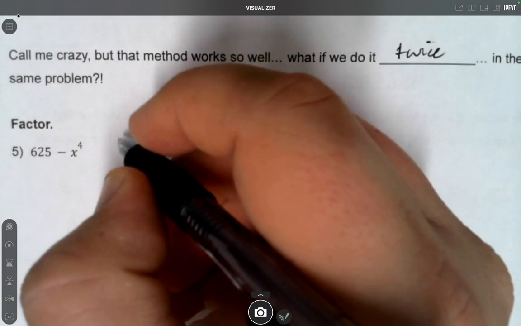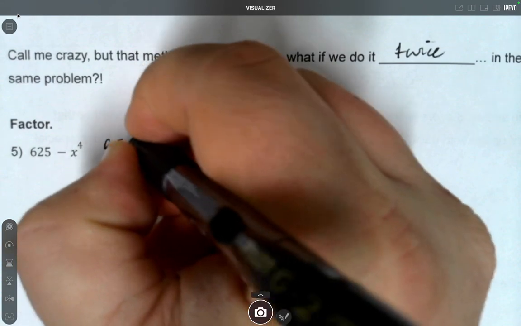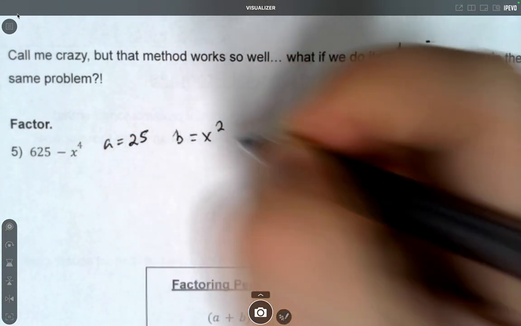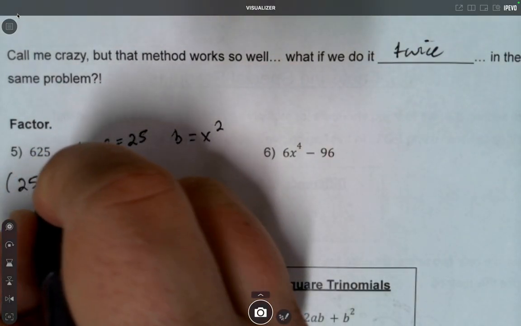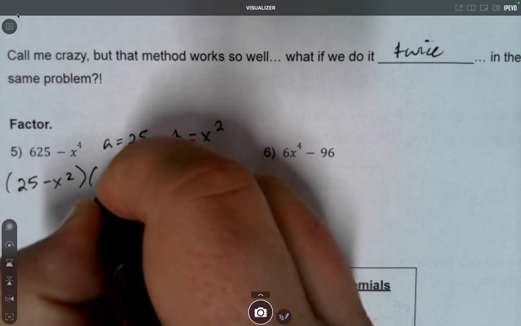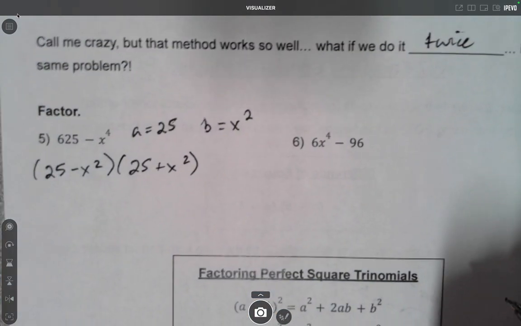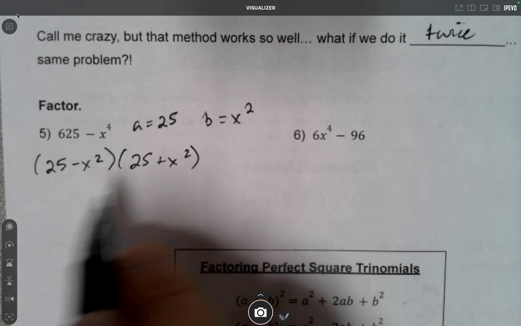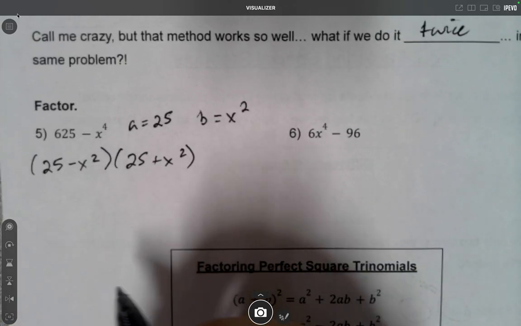So we take the square root of 625, which is 25, and we take the square root of x to the fourth, which is x squared. So we do 25 minus x squared, 25 plus x squared. Now this cannot go any further because it's addition, but this can go further because it's subtraction, and both of these are perfect squares.